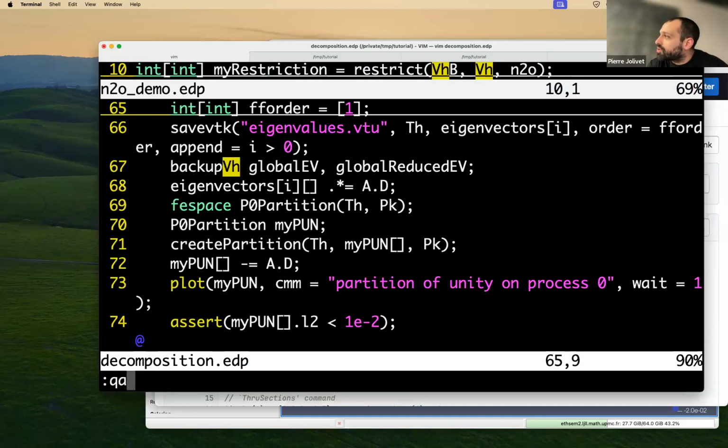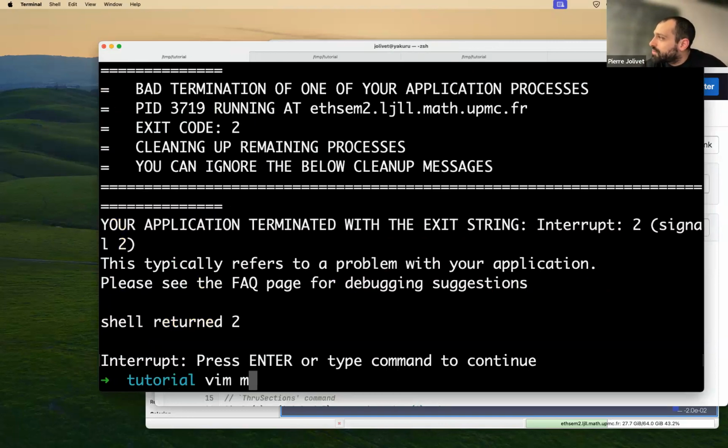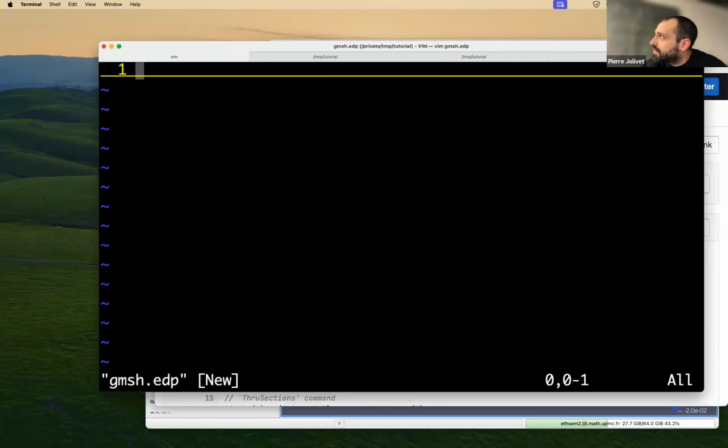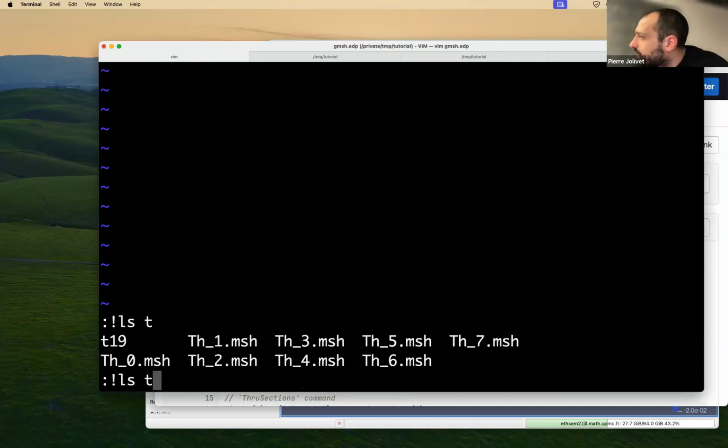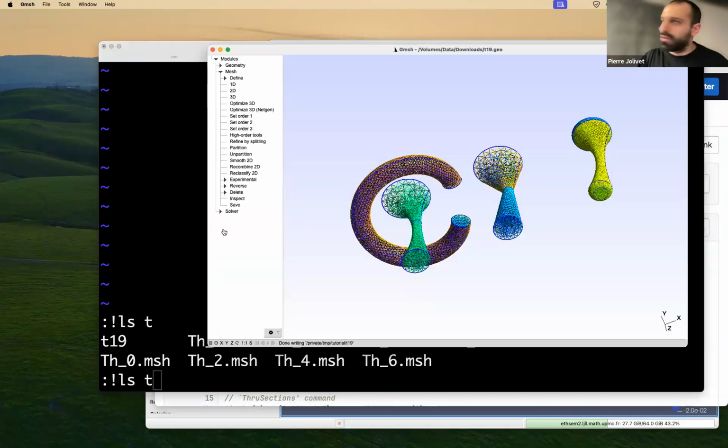okay, we can start fresh, vi gmsh.edp. I think here I have, c'est combien T19? Non, c'est quoi? Il m'a pas mis l'extension, ce boulet. Okay, so false start, export.